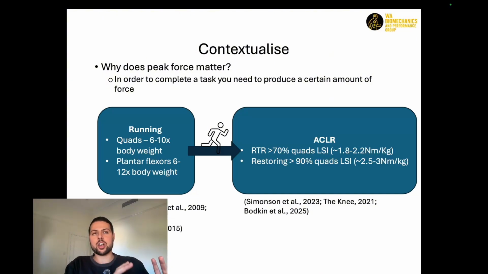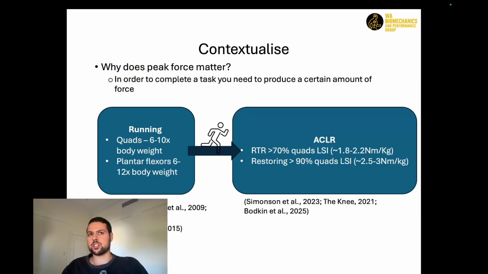And then we use this type of information, and this can be extrapolated into the ACL rehab world or rehab world in general. There is some literature to support that restoring 90% quads limb symmetry index, or knee extensor force limb symmetry index, can be beneficial in potentially maybe even preventing injury, but really preparing the knee for the loads it might encounter during some of these activities like running. This equates to about 2.5 to 3 Newton meters per kilogram as torque to body weight ratio.